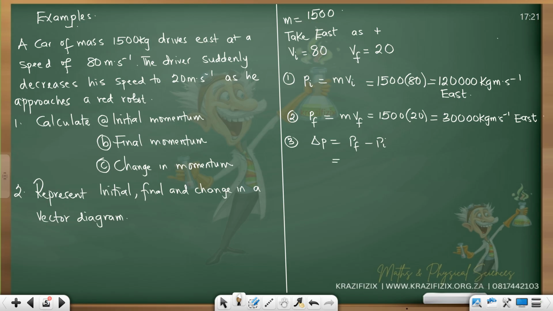Final momentum minus initial, which is what? 30,000 minus 120,000, and that will be negative 90,000. Okay, and what is that telling us? 90,000 kilogram meters per second. If my east is positive, then my negative must be west. Did that make sense for us?